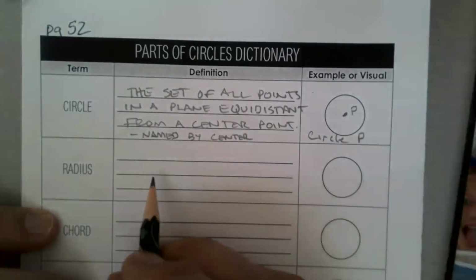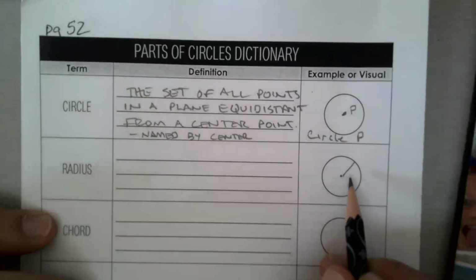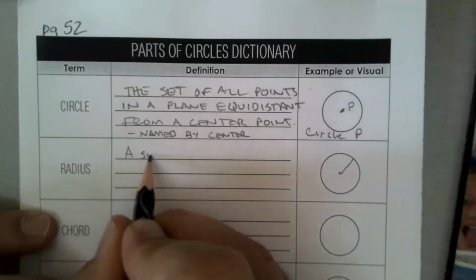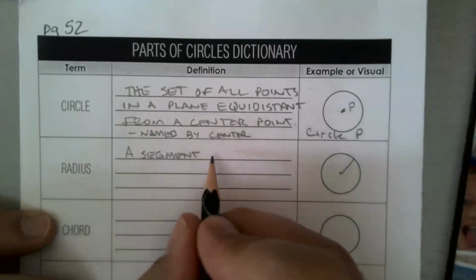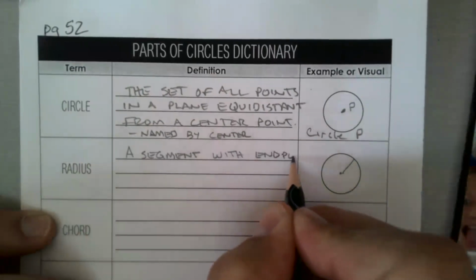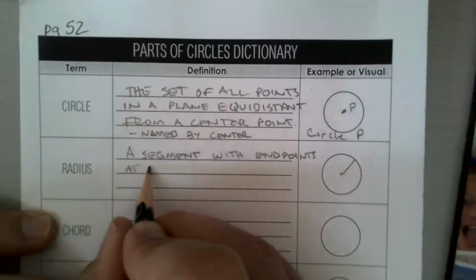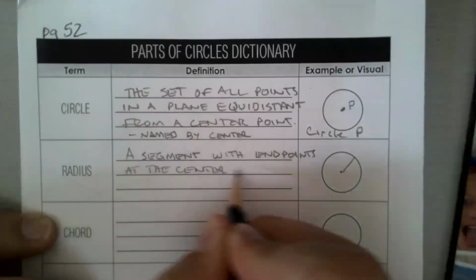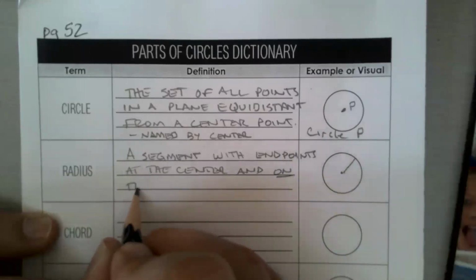And as I said, the radius is something that's unique. It's from that center to any point along the circle, and it's that same length. It is a segment, meaning it has endpoints. It's a fixed length with endpoints at the center and on the circle.